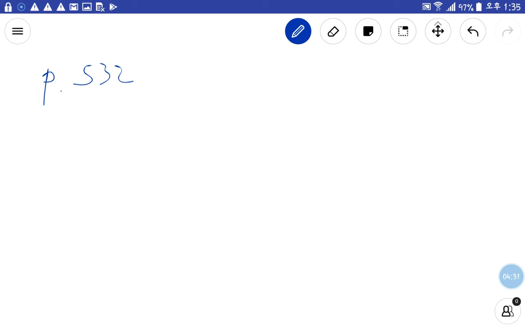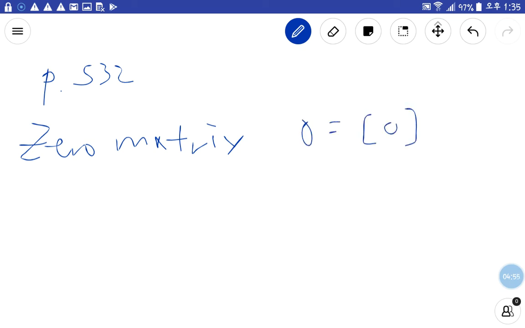Let A = Aij be any n by n matrix. The n by n matrix O consisting entirely of zeros is called a zero matrix. Okay? So A plus 0 equals A.